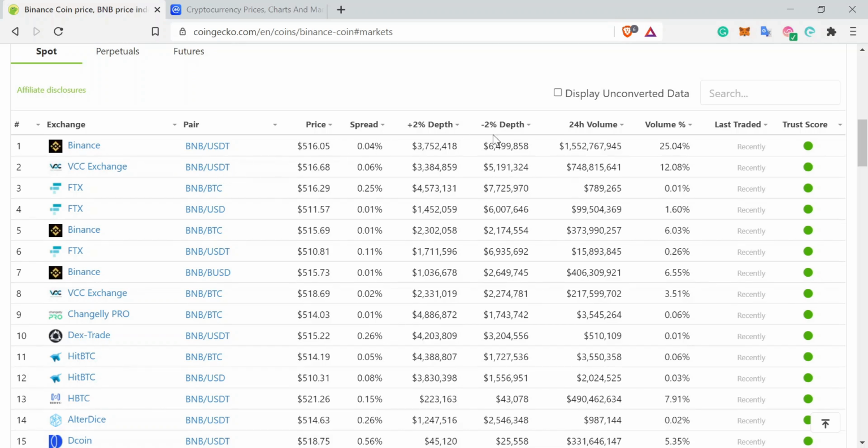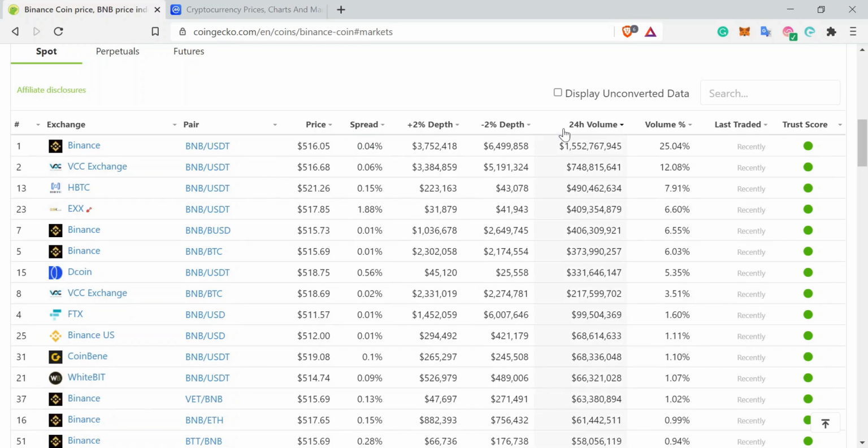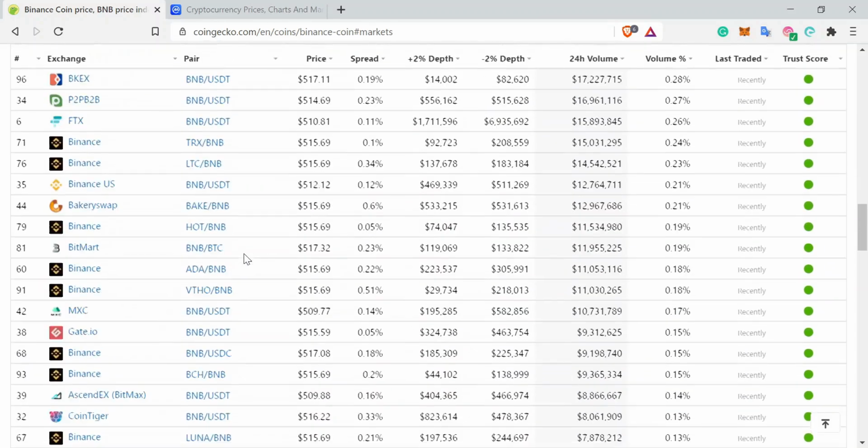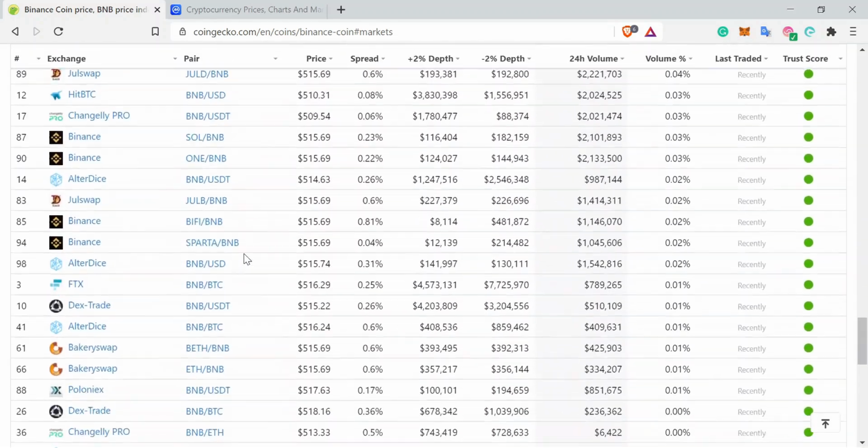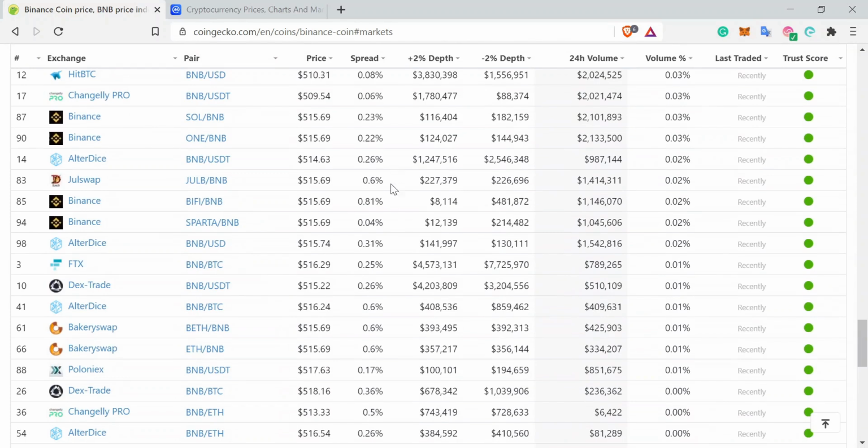And then if we go from the 24-hour trading volume, we actually see VCC exchanges next. Again, BNB USDT. But if we start to get down the bottom of the list, then we start to get spreads that are really quite high. Look, on Binance, we've got BIFI against BNB. So that's trading probably a small altcoin against BNB, and you're going to pay 0.81 to do that.